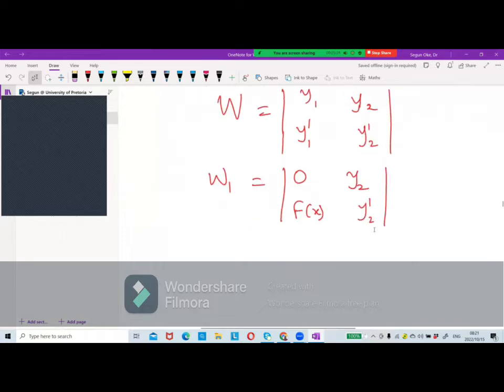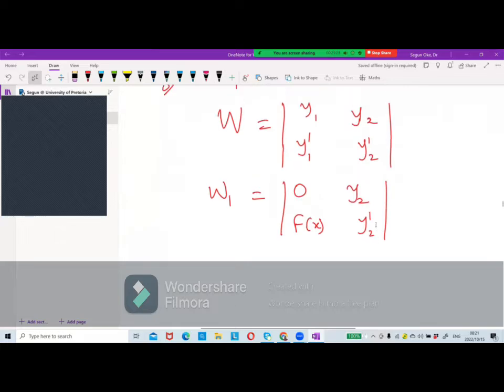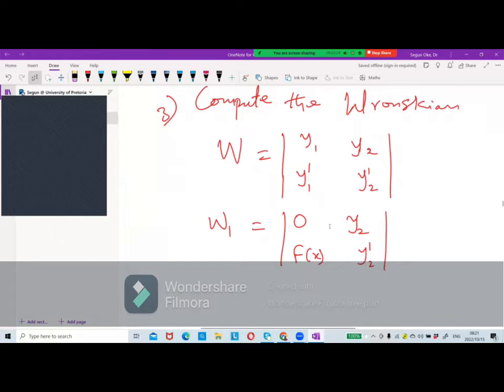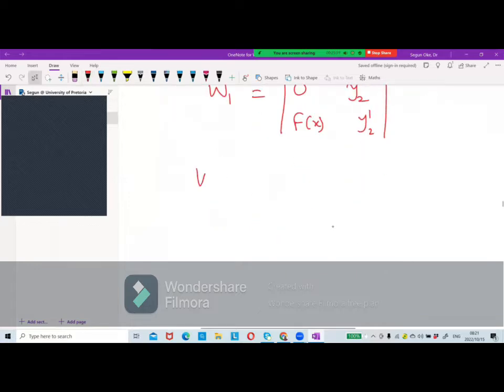Remember that you put f of x where you're supposed to have y prime. And you have this, y2 will be equals to y1, 0.